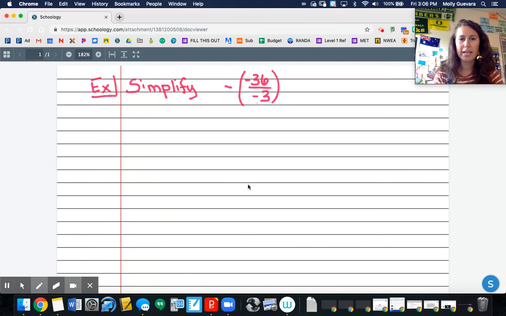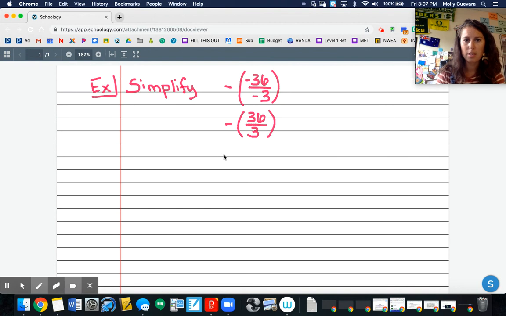Whoa, lots of negatives, right? Remember that in our order of operations, we always want to do our groupings first. So I'm going to look in the parentheses first. Okay, so I automatically see a negative over a negative. Well, I know that a negative divided by a negative is positive. So I can change these numbers back to positive. So that's good.